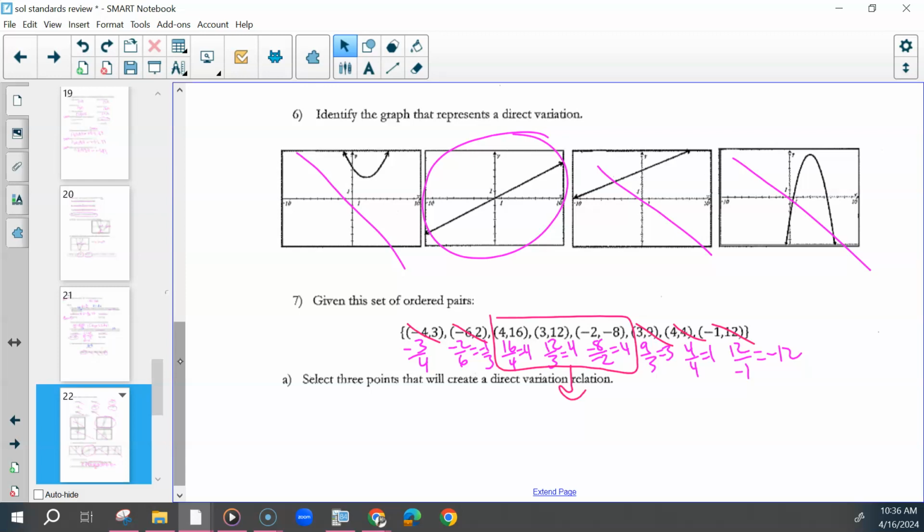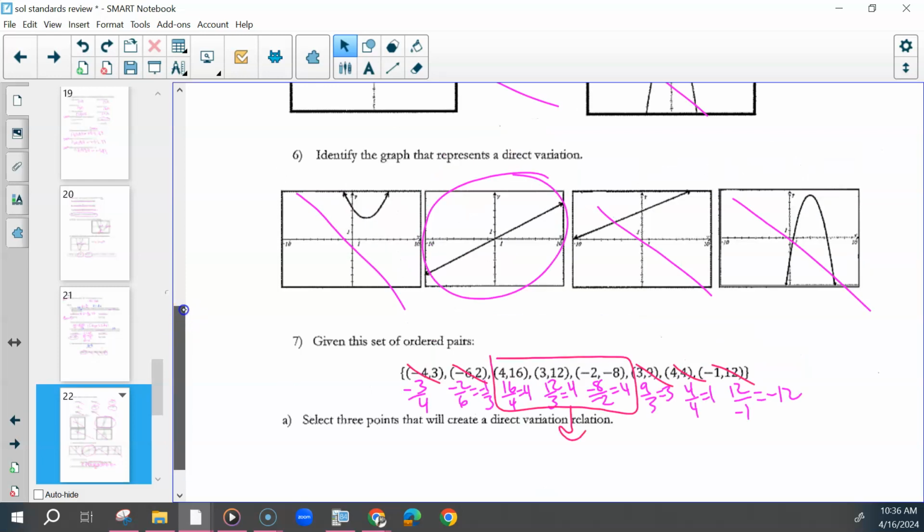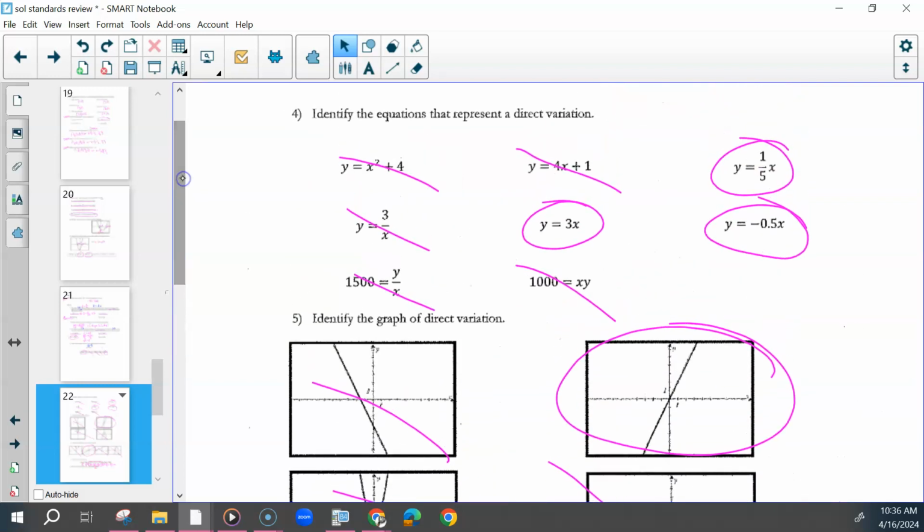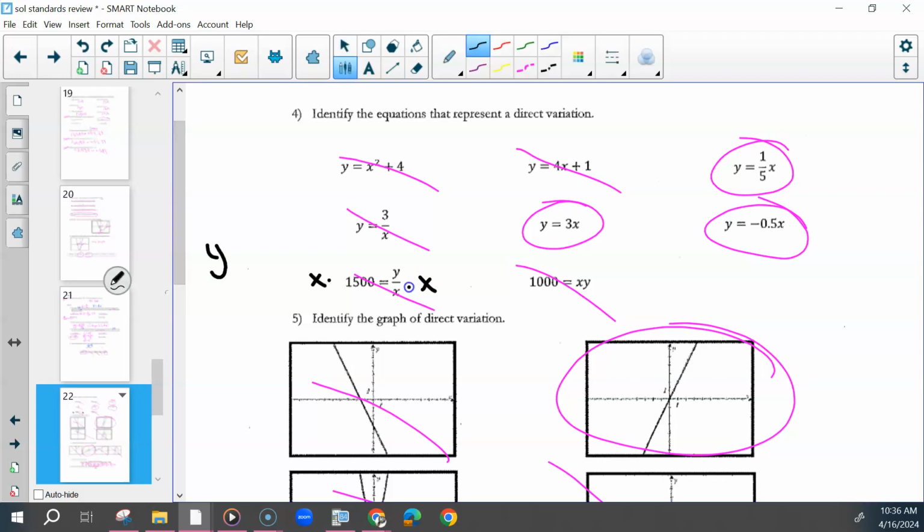I think it was for number 5, but I thought, wait, no, number 4. I thought it would be 1,500 equals y over x. So if you multiply the x by both sides, that would be y equals.